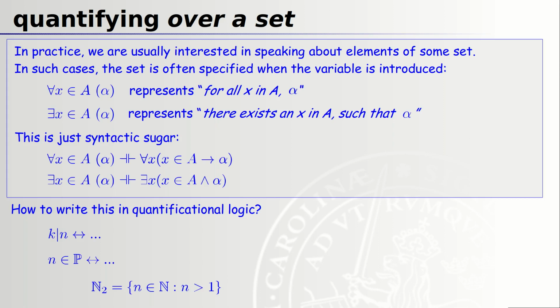In the second formula, where n is supposed to be an element of the set of prime numbers, it might be helpful to use the set N≥2 of natural numbers greater or equal to 2. And these are two possible answers.